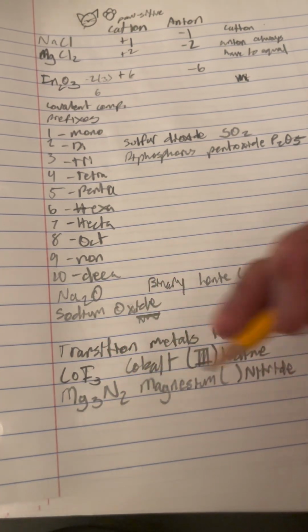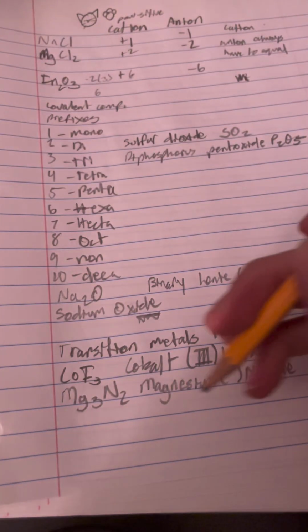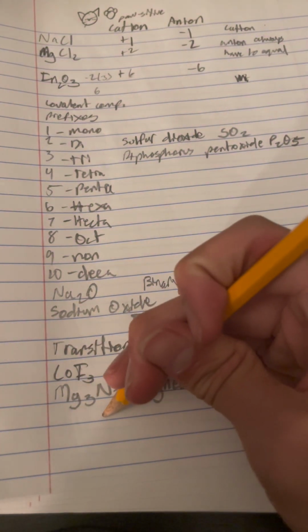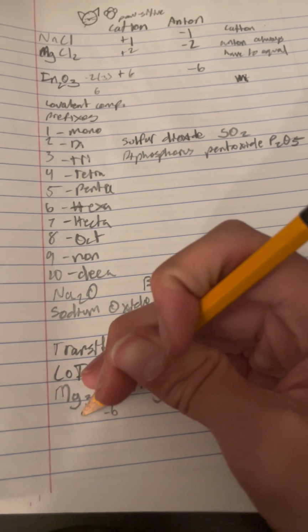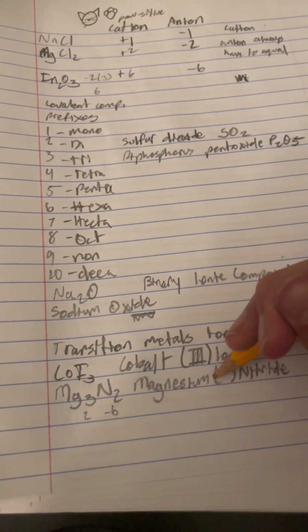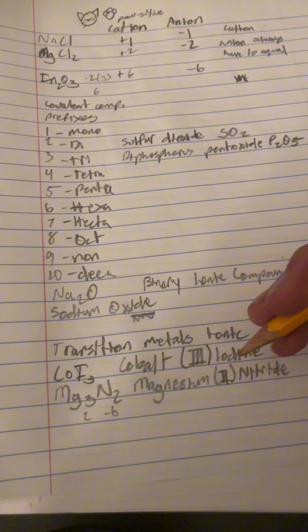So since this one has a charge of -3, -3 times 2 is -6. Magnesium has 3, so it would have 2, to even out.